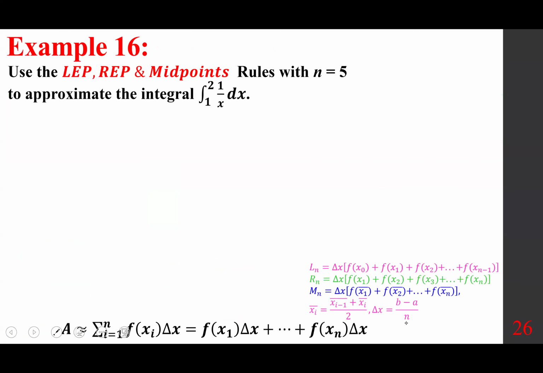Let's look at a very simple example to make some sense out of this. Use the left endpoints (LEP), right endpoints (REP), and midpoints rule with n equals 5 to approximate this integral, the integral from 1 to 2 of 1 over x dx. That gives rise to an area under the curve if we are talking about a positive function.